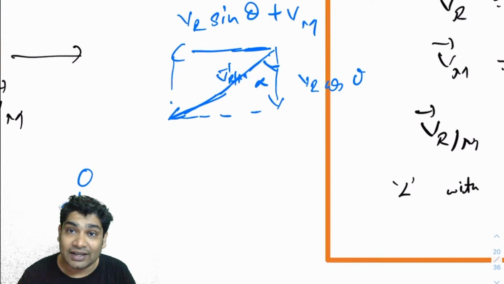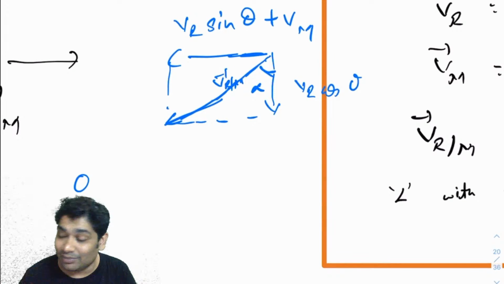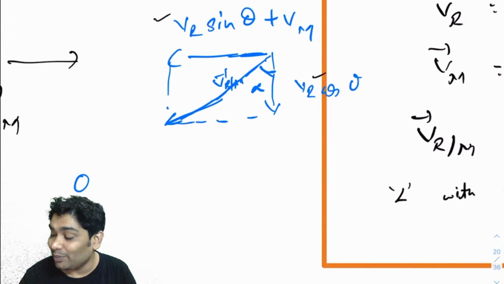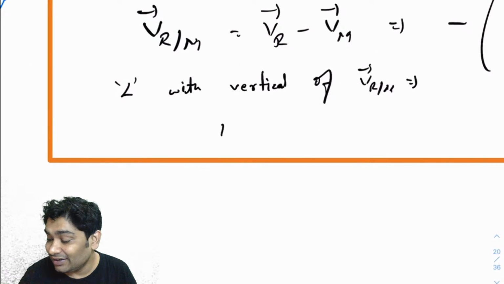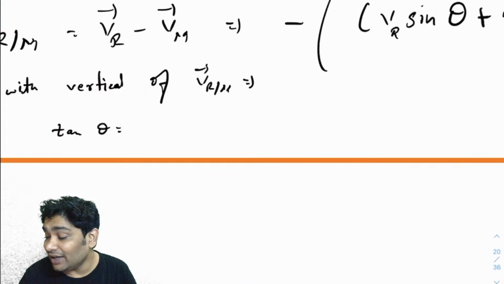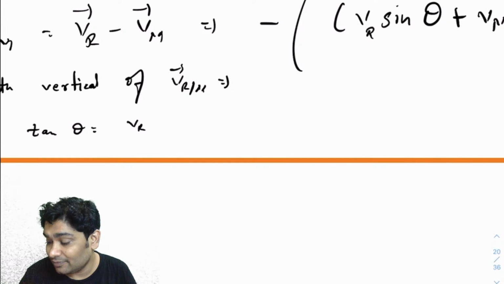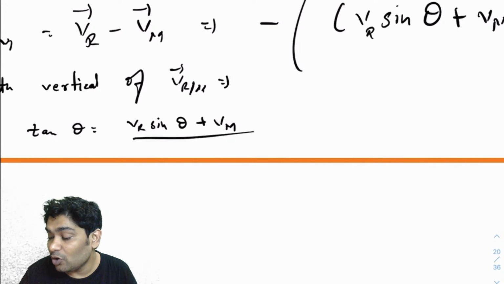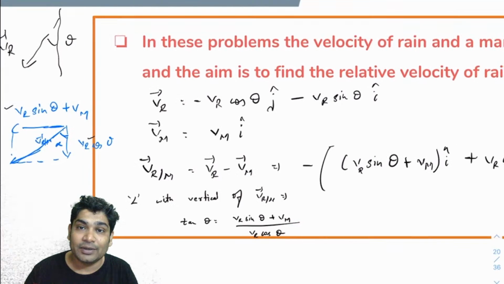You will see this triangle, and you will realize tan alpha is nothing but perpendicular upon base. So tan alpha would be (Vr sin theta plus Vm) over Vr cos theta. That is how you do it.